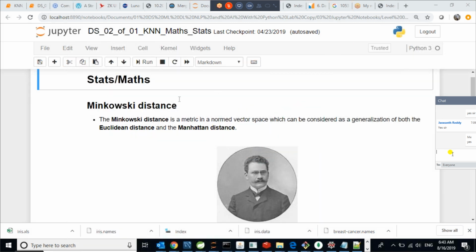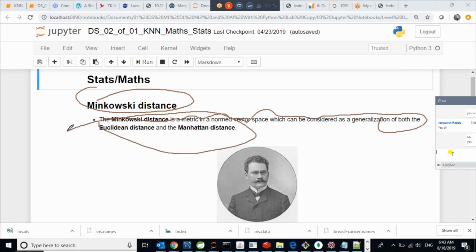So let's see Minkowski distance. What is Minkowski distance? The Minkowski distance is a metric in normed vector space which can be considered as a generalization of both Euclidean distance and Manhattan distance.